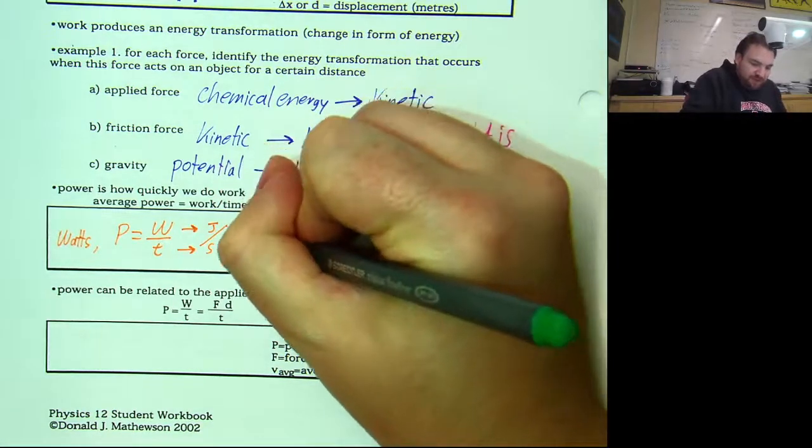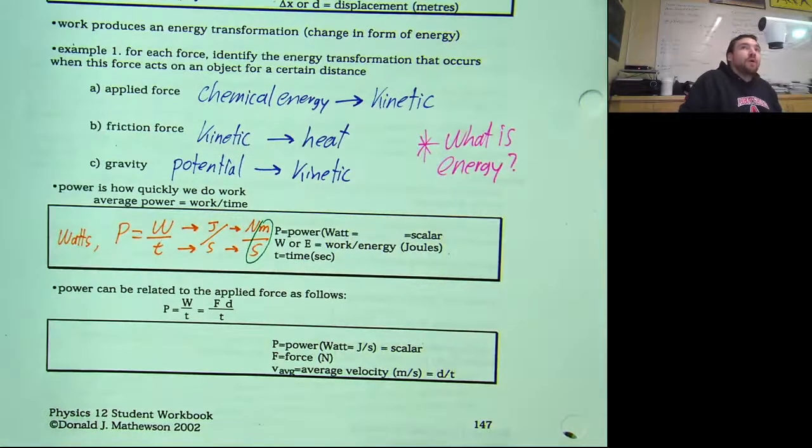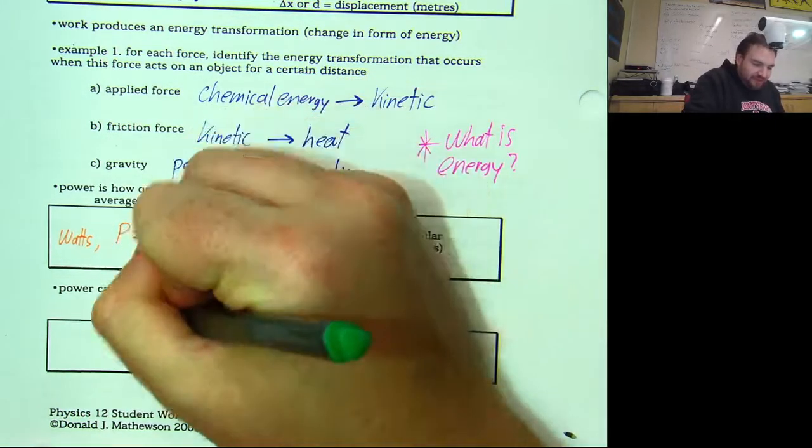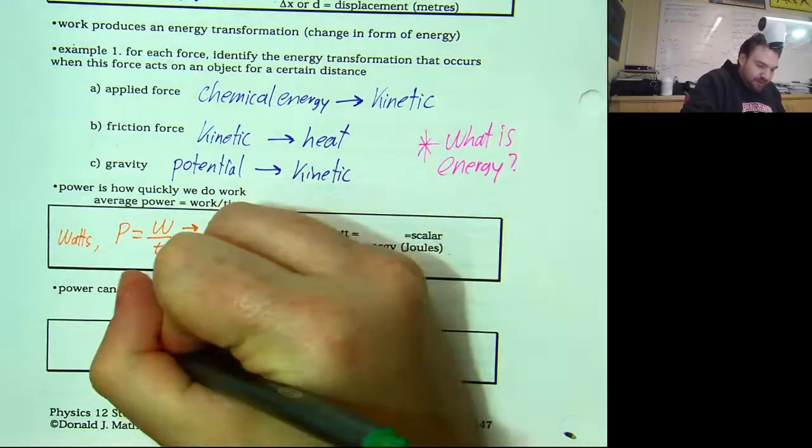If we look at this, what is that? Meters per second is units of velocity. So this is going to give us this expression down here.